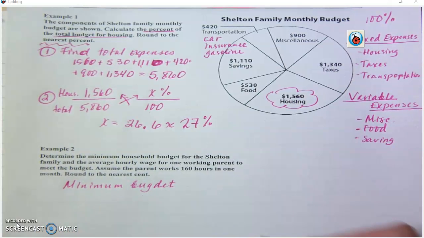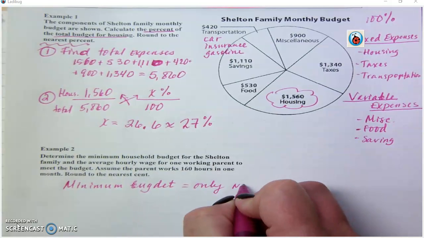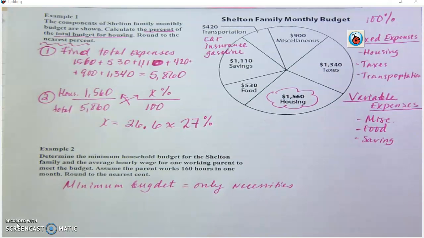It has to do with only necessities. So as you heard me mention earlier, I was talking about $900 in miscellaneous. They really don't even know where this money is specifically going. So that's definitely something that can be eliminated.